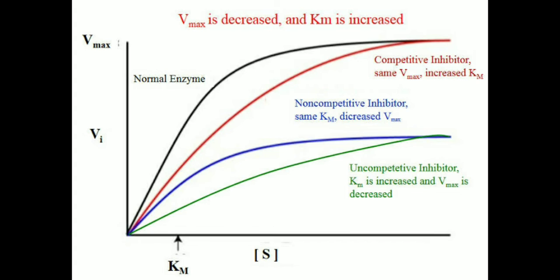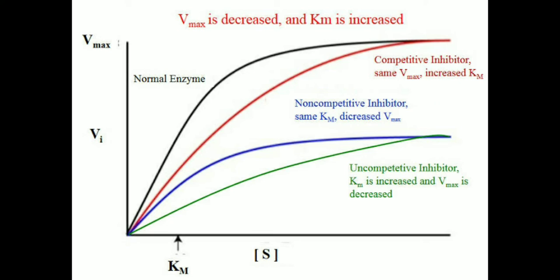In competitive inhibition, this foreign particle competes with the substrate to bind at the active site. When the enzyme is free, the active site is free, the substrate tries to bind at that location, and the foreign particle also tries to bind there. Competition occurs, so it is competitive inhibition.